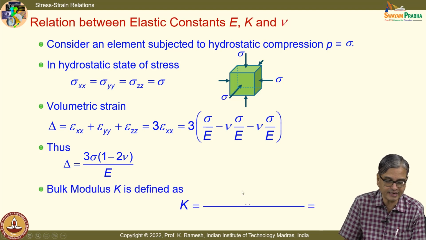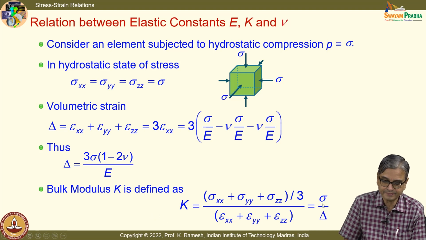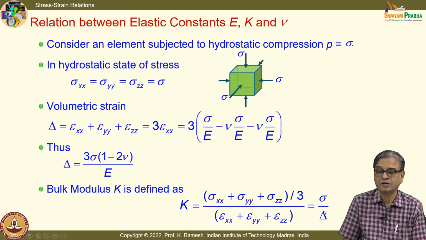It is defined as the ratio of sigma x plus sigma y plus sigma z divided by 3, divided by epsilon x plus epsilon y plus epsilon zz, that is nothing but sigma by delta. So, this is the definition of the bulk modulus.